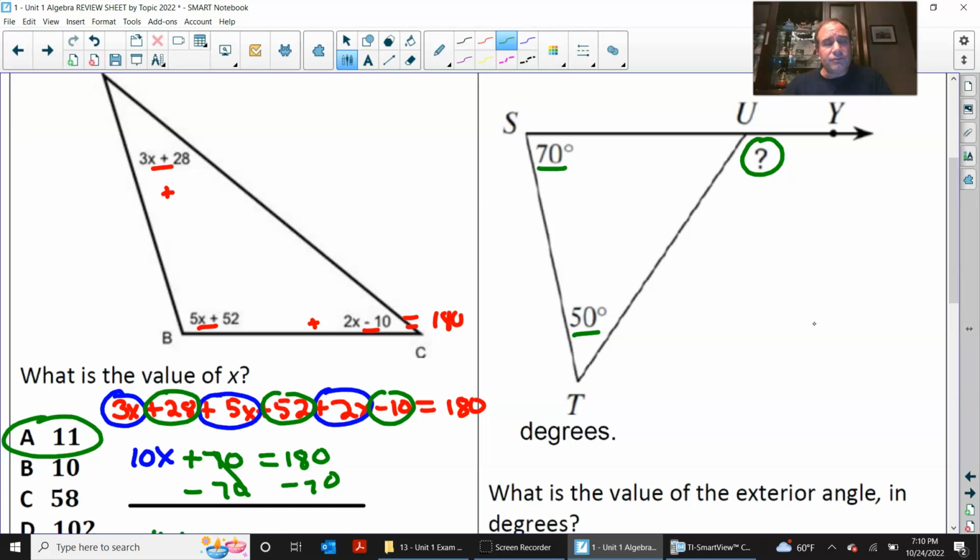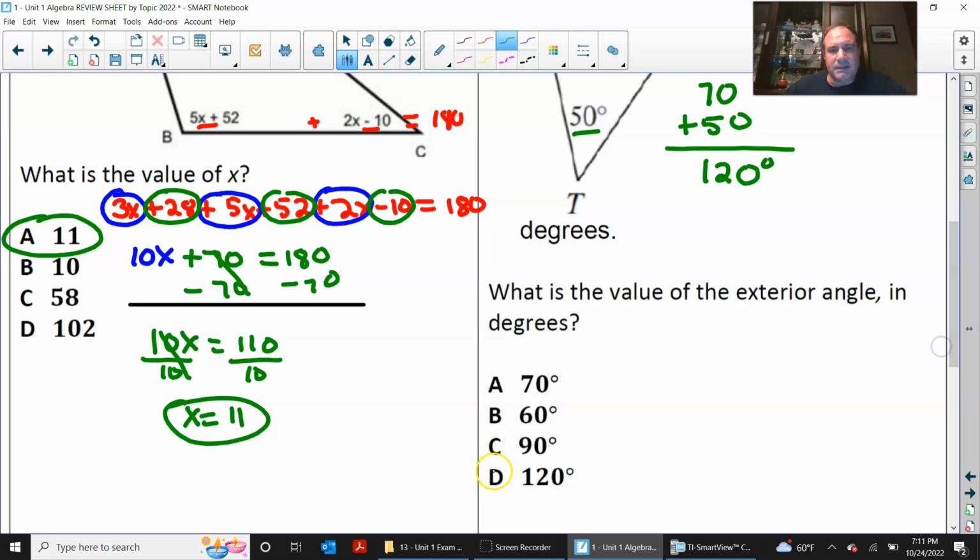So if you add 70 plus 50, you get 120. 120 degrees is this. And that's D.